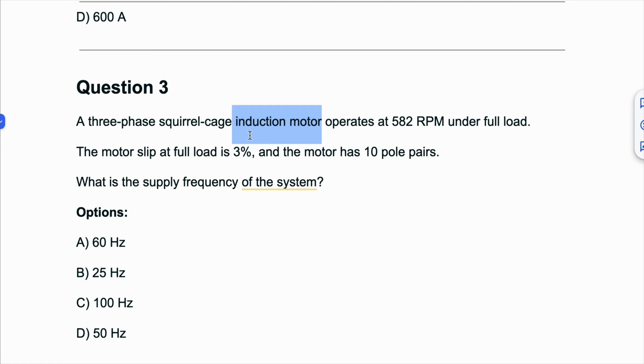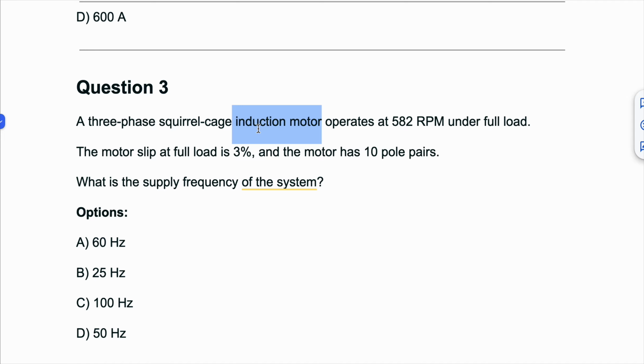Induction motors work with single phase 120, 240 or 208 volts, but they make another phase with a capacitor, and we have a rotating field inside the stator, and we have induction in the rotor.